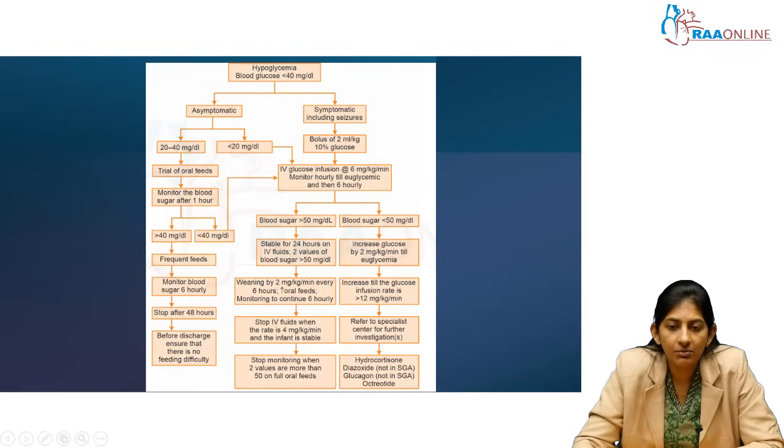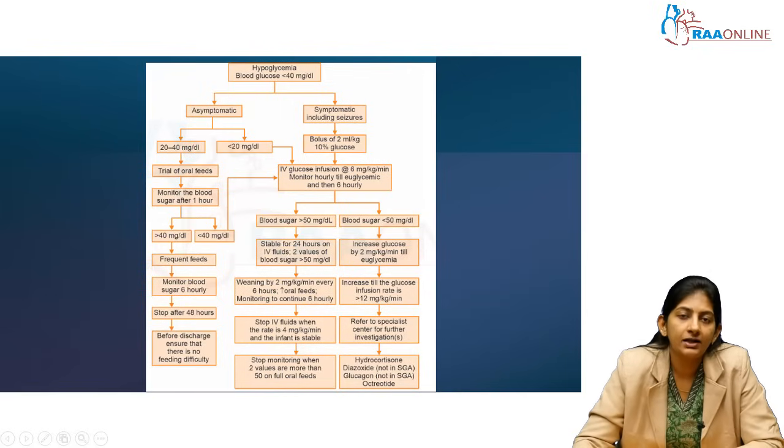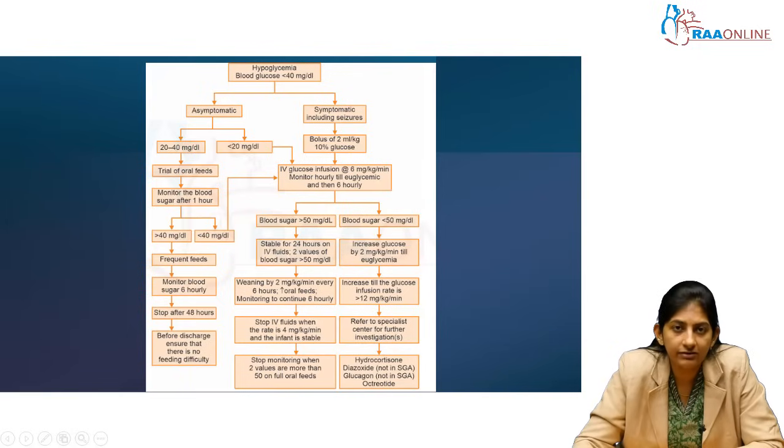And if even up to GIR 12, the baby is not maintaining the blood sugar levels, then it is time to take an endocrinologist's opinion. And you cannot depend on GIR anymore. You can give hydrocortisone, diazoxide, or glucagon and octreotide. So these are all other measures for resistant hypoglycemia.